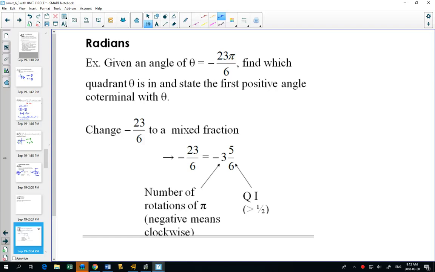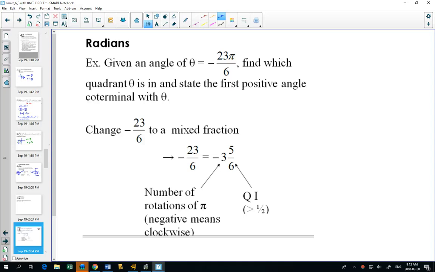The method that we're going to use without our calculator is taking the fraction, which is 23 over 6, and changing it to a mixed fraction. Does everybody remember how to do that from grade 8, 9, and 10? Well, you did in grade 11 too. How many full 6s go into 23? There's 3 of them. There'd be 5 left over, so as a mixed fraction, this is 3 and 5/6.